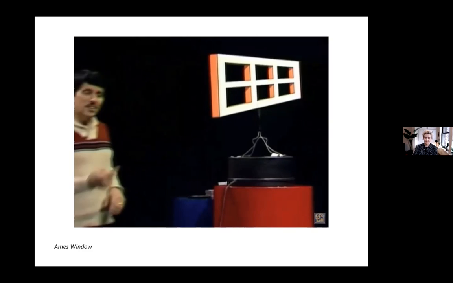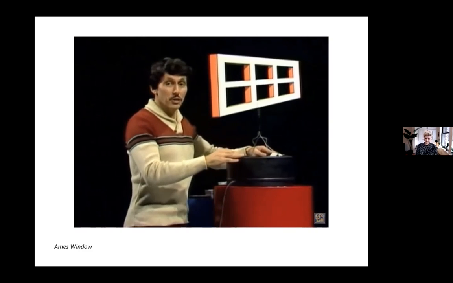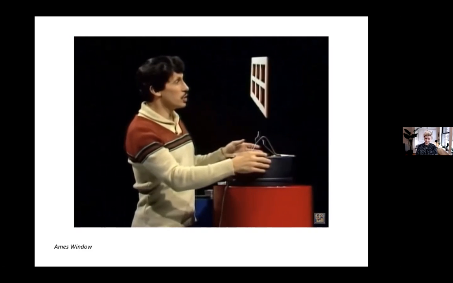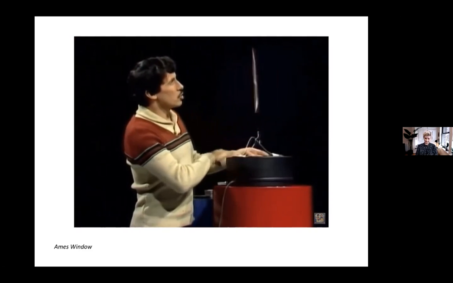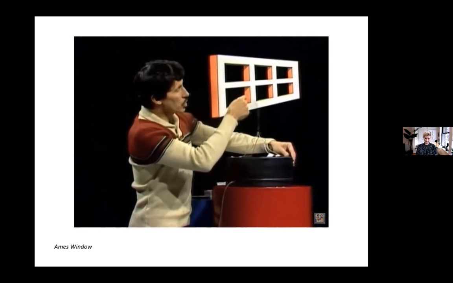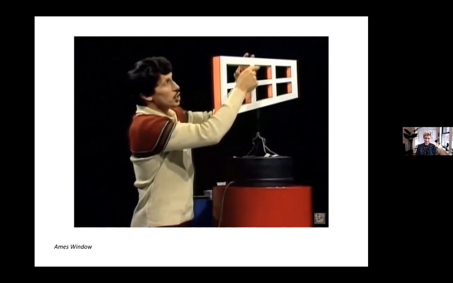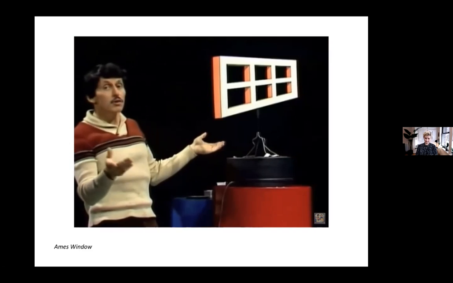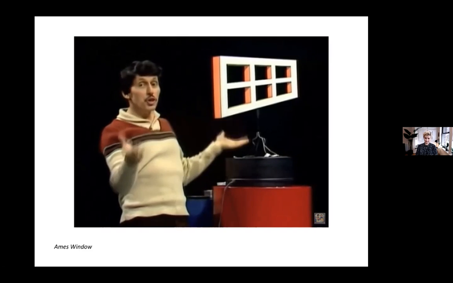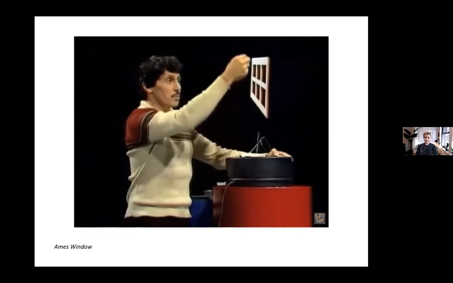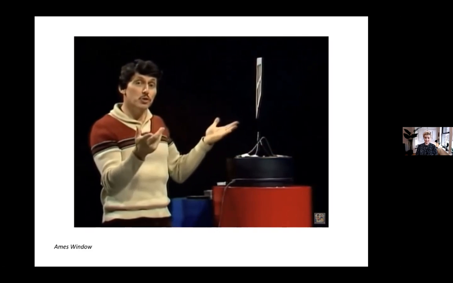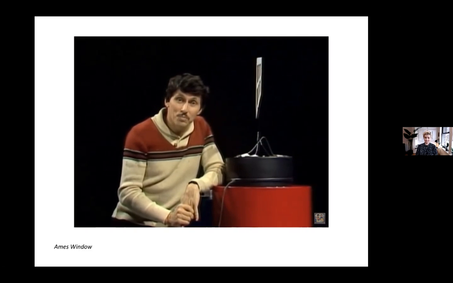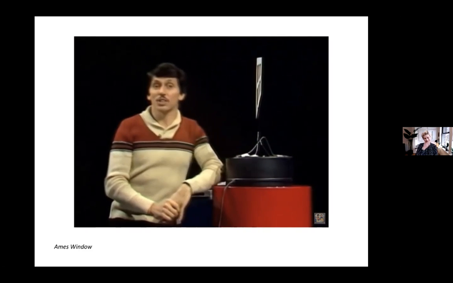And you can see that I've painted this window on a flat piece of cardboard to look like a real window. In fact, I've painted the cross pieces so that they appear to be three-dimensional. I've even painted in the shadows that you might get if you had a light from above. Okay, now you know it's an illusion. You know it's not a window, it's a flat piece of cardboard. You also know that it's a trapezoid, it's not a rectangle. So now the illusion won't work with you, will it? Or will it? Have a look at it again.